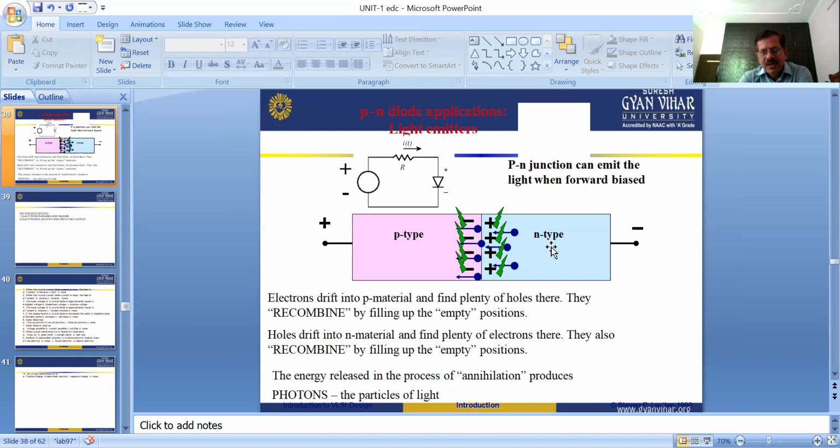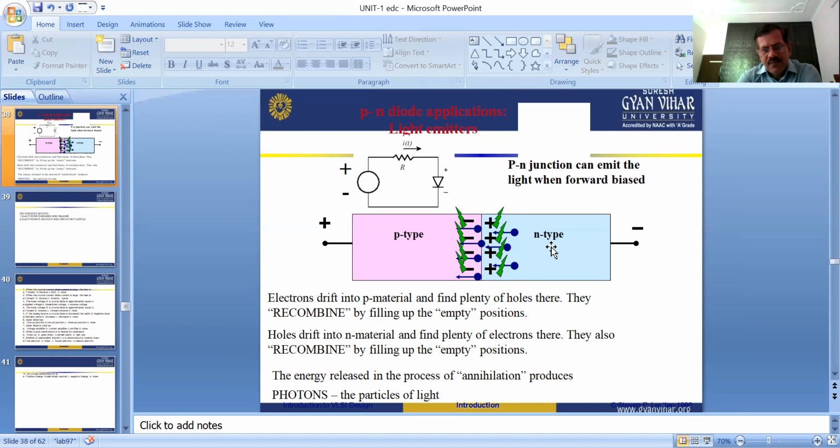But on the N side the number of electrons is more as compared to holes. So the electrons are the majority charge carriers and holes are, sorry, positive charge carriers.